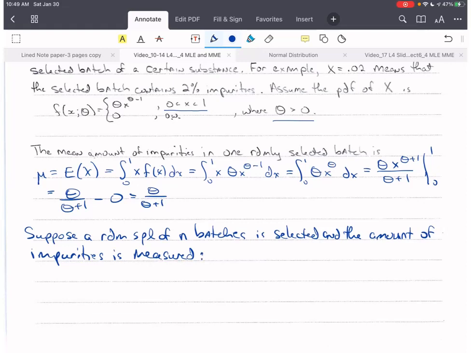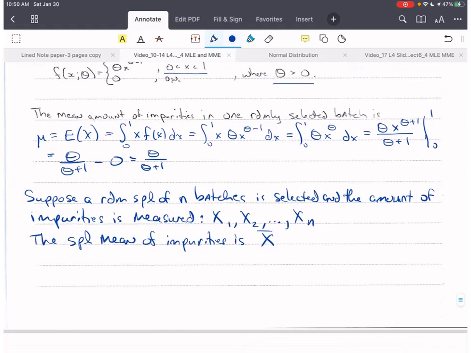And these random variables are x1, x2 up to xn. Okay? The sample mean of impurities is x bar.